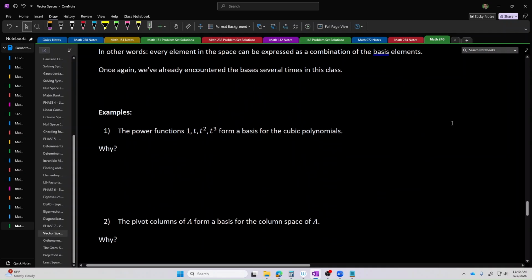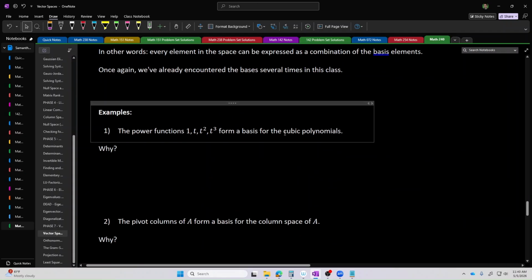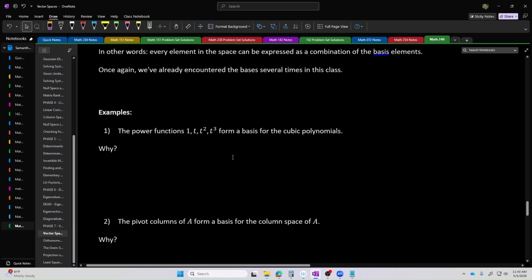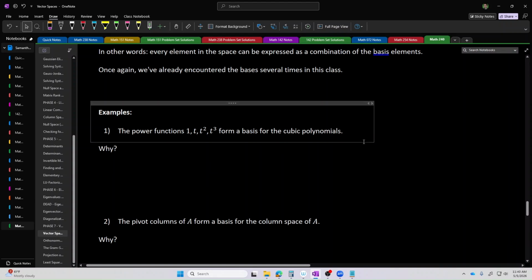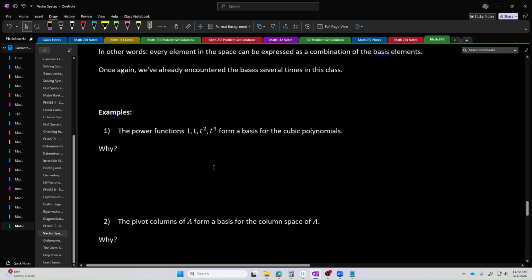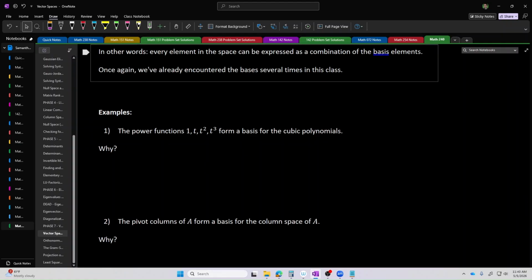For some additional examples, if you're thinking about the set of cubic polynomials, a basis for that set can be found by looking at the power functions 1, t, t squared, and t cubed. The reason why this set forms a basis for the cubic polynomials is because these functions are independent.